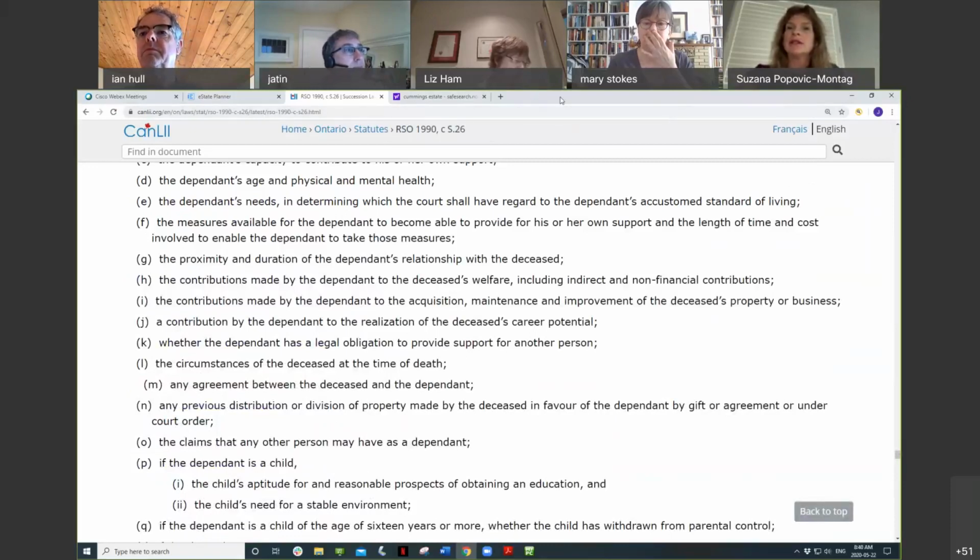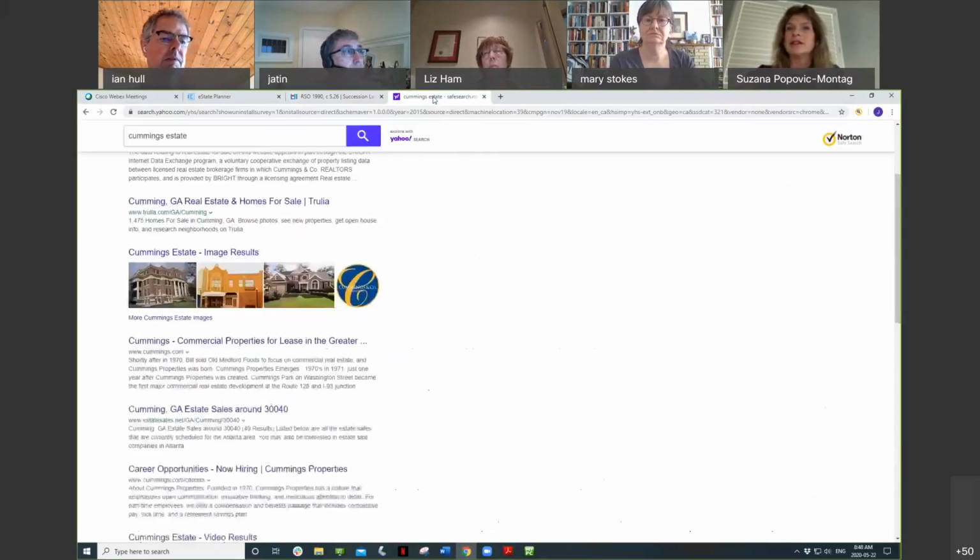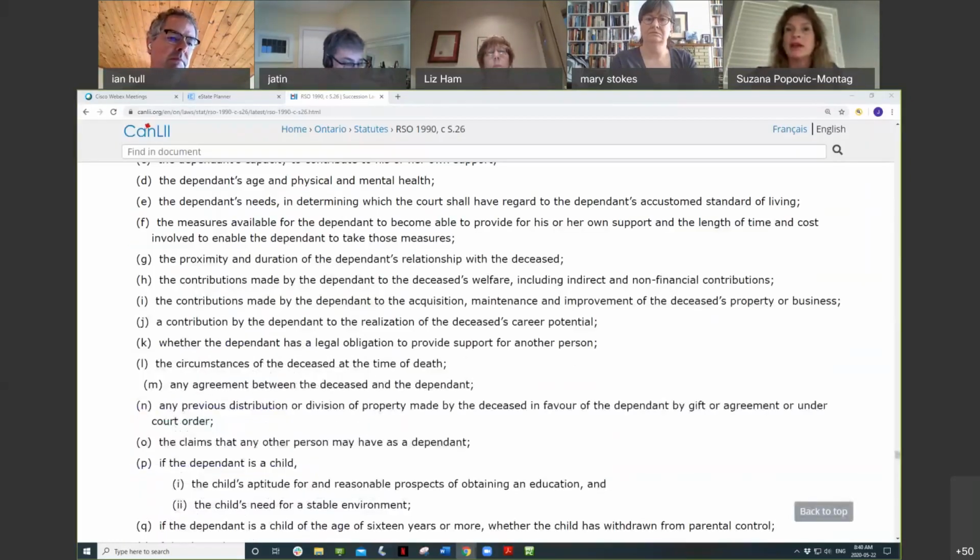And we also have to take into consideration not just those people who are making a claim against the estate, and all it takes is really one person, because there's a sheltering provision under our legislation that says that any other dependent could also be sheltered by and included in a claim for support. And so when we talk about moral claims, it's like, okay, well, are there other individuals that the deceased should have taken into consideration?